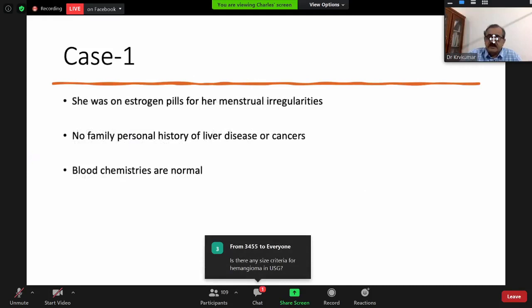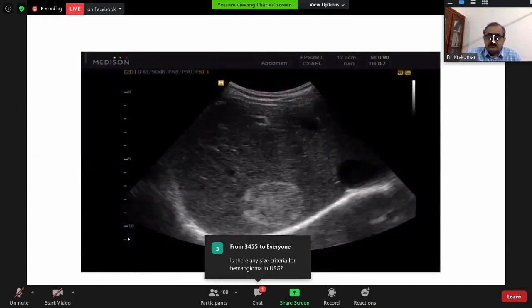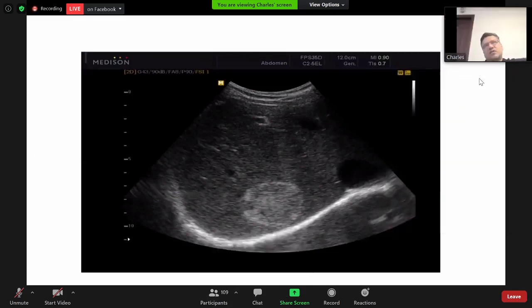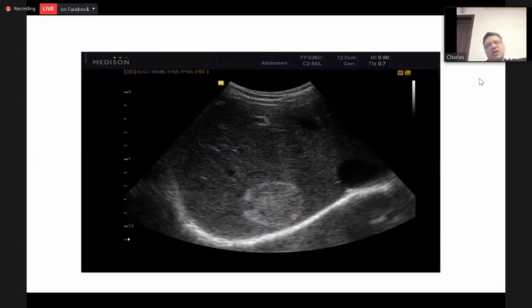Charles, what is a hepatic adenoma like on the ultrasound scan? Is it hyperechoic? Hepatocellular adenomas, that depends; it can be hypoechoic, it can be hyperechoic. But when you see a well-circumscribed, hyperechoic lesion in a patient with no underlying chronic liver disease, a female between 30 and 50, your first diagnosis should be a hemangioma.